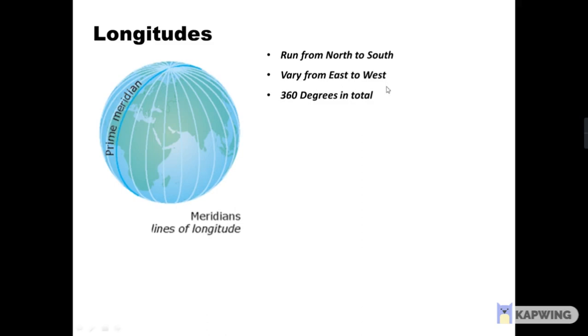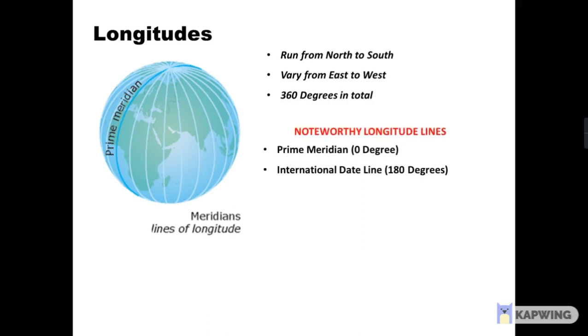And when it comes to the important longitudinal lines, as we had discussed earlier, it is the prime meridian that is the important one. The other half of the prime meridian is the longitudinal line having a degree of 180 degrees. And this other half of the line is called the international date line.